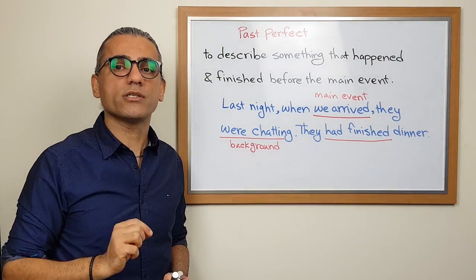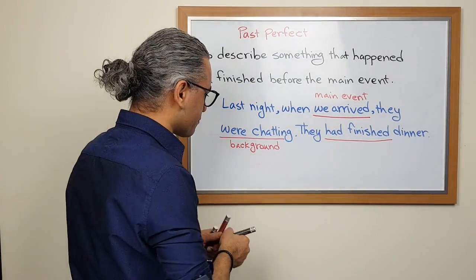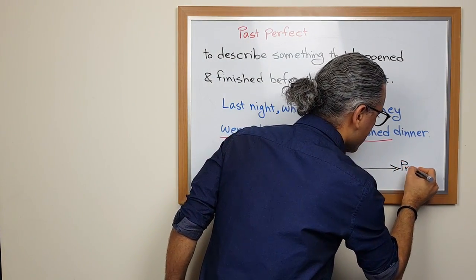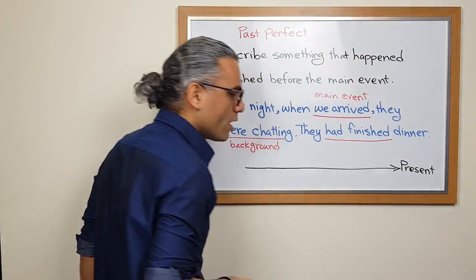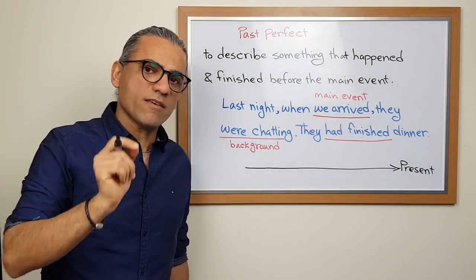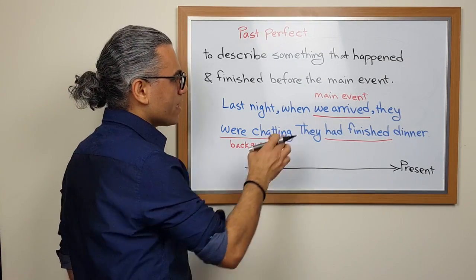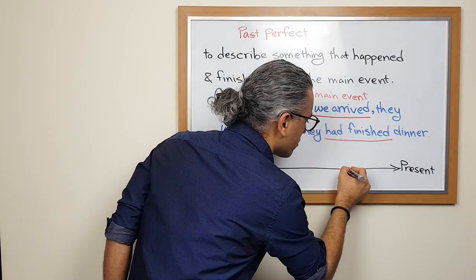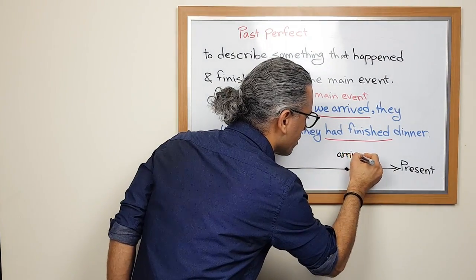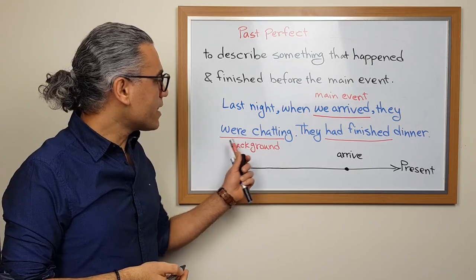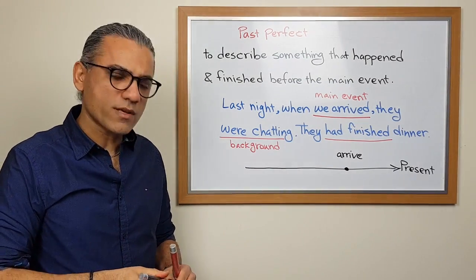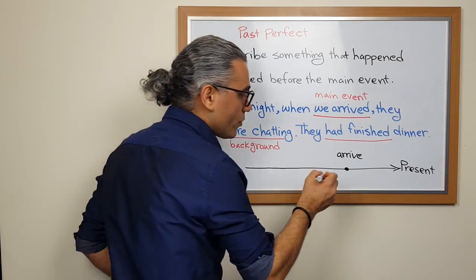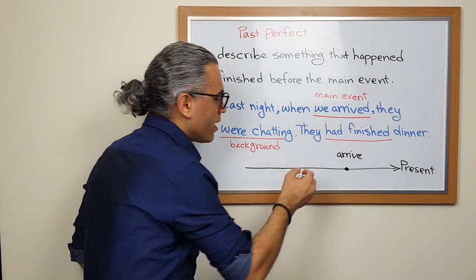Let me show it on a timeline so you could understand better. Let's say this is our timeline and this is present. We always show the main event on the timeline first. It says we arrived, so it's a point in time. Arrive. And it says they were chatting when we arrived. What does that mean? Chatting was in progress when we arrived. So we show it with a continuous line like this.